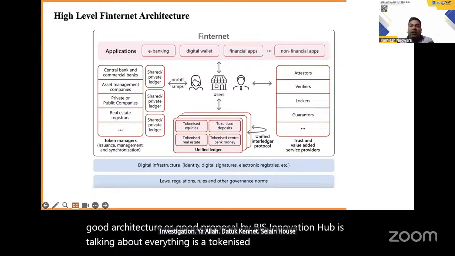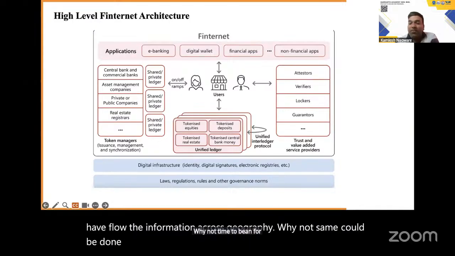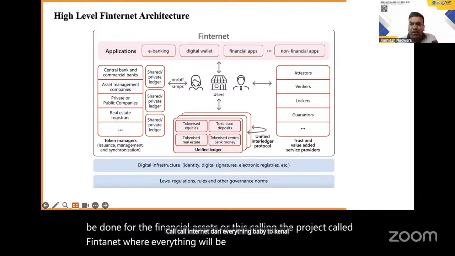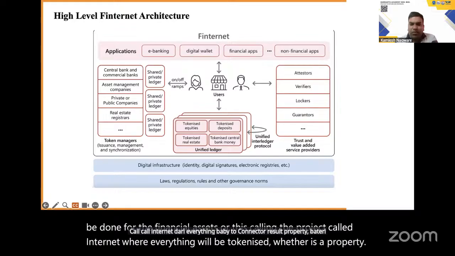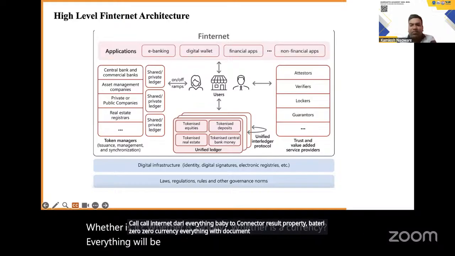Like how the internet has flowed information across geography, why not do the same for financial assets? The project is called Finternet, where everything will be tokenized, whether it is property, money, or currency, and the complete infrastructure is available.